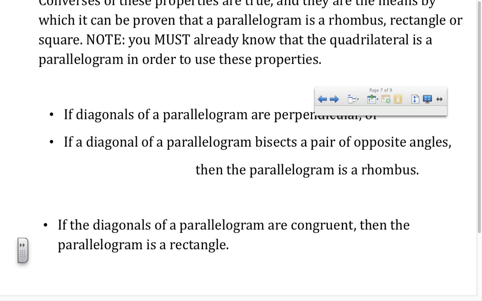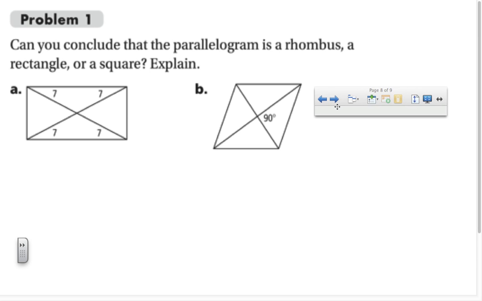There are other quadrilaterals for which those diagonals are congruent and they're not parallelograms, so I know they're not going to be a rectangle. So again, you must already know that it's a parallelogram. And you'll notice in the instructions, they are telling you that it's a parallelogram. Okay, so you're safe. So in problem 1, I know that it's a parallelogram.